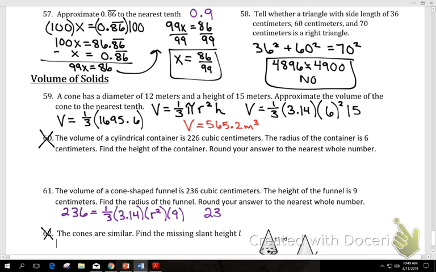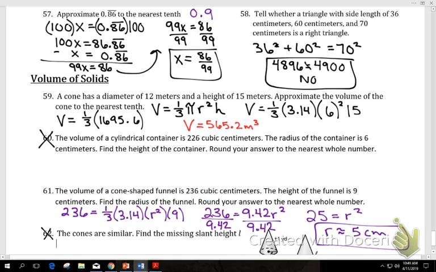And that's how we get the 9.42 r squared. And now, Eric, what am I going to do to both sides? Yes, divide by 9.42. And Jace, what's my last step? Oops, I gave it away. Yes, you have to do the square root. Is my answer positive and negative? Why? It's a measurement. Yeah, very good. Okay, awesome, guys. That's a great job, and that wraps up our review.